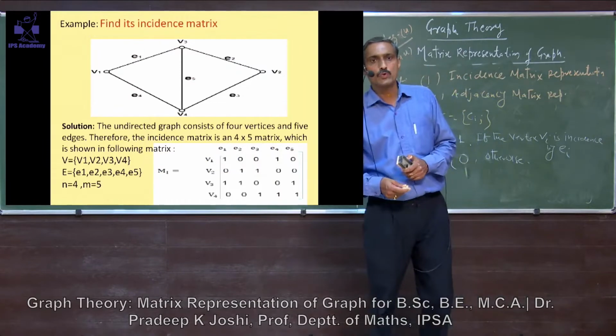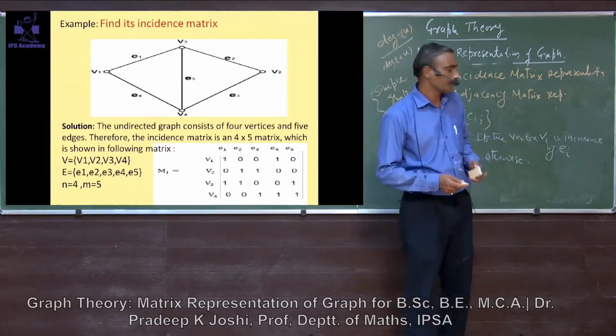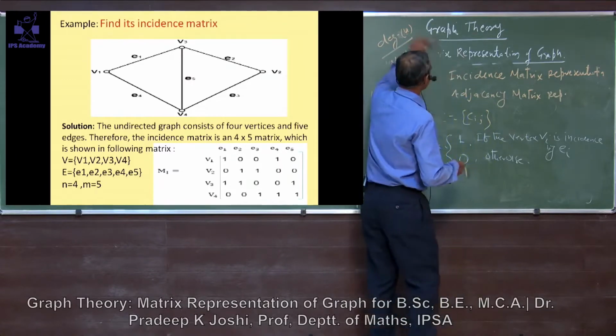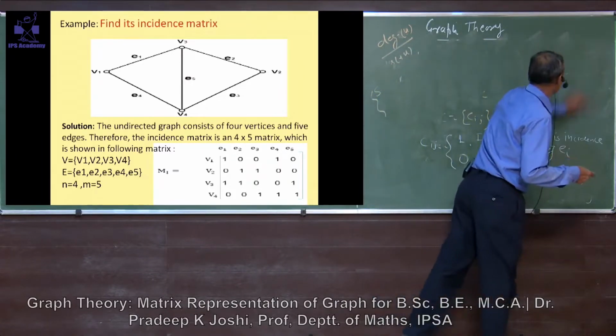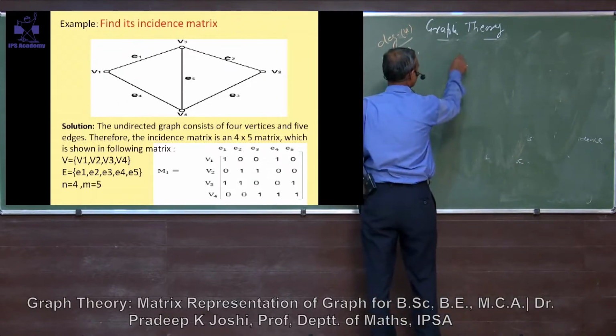A graph is given here and we have to find the incidence matrix of the given graph. So what will the incidence matrix be? We consider an example.